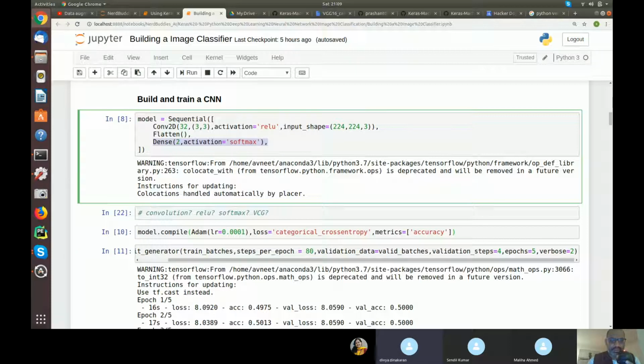Now, convolutional is the key thing behind convolutional neural networks: you have layers of these, and the convolutional layer tries to find features in images.